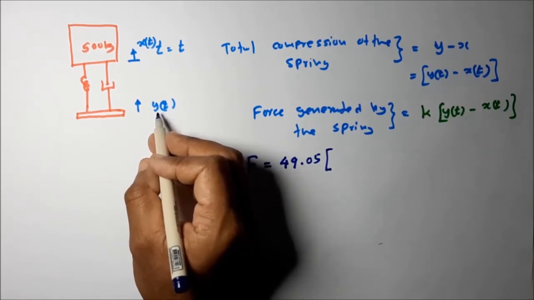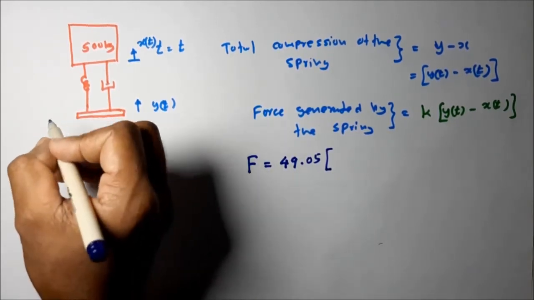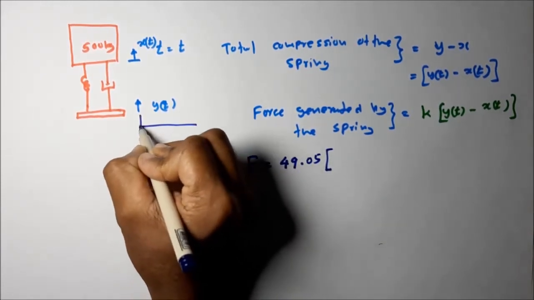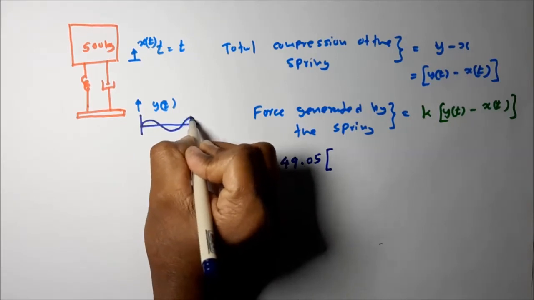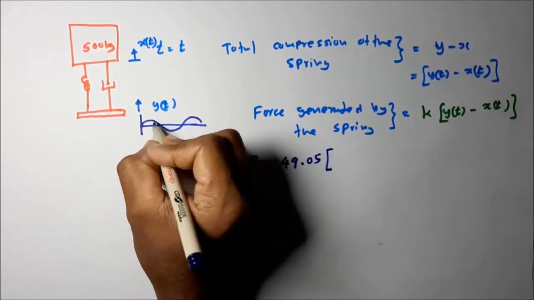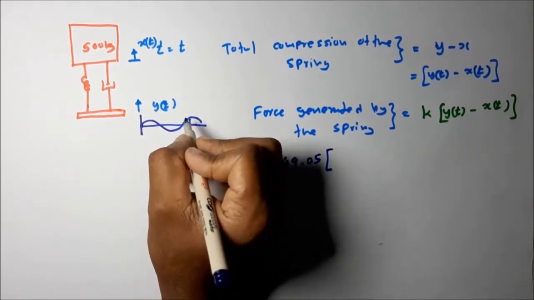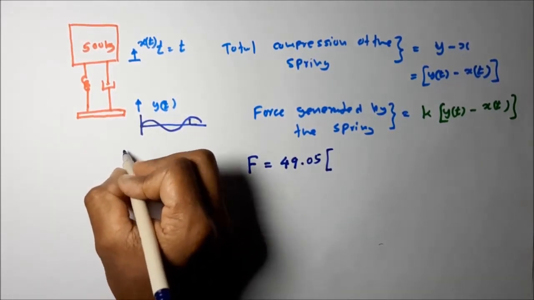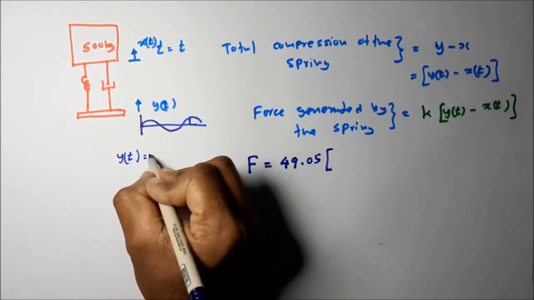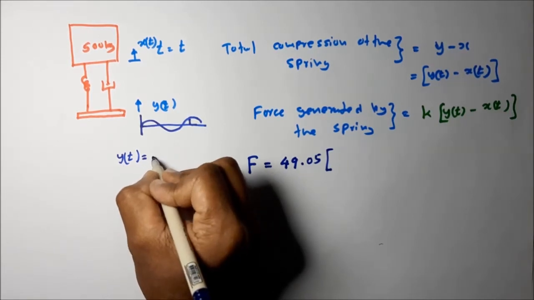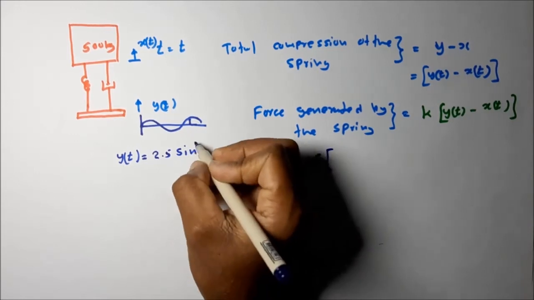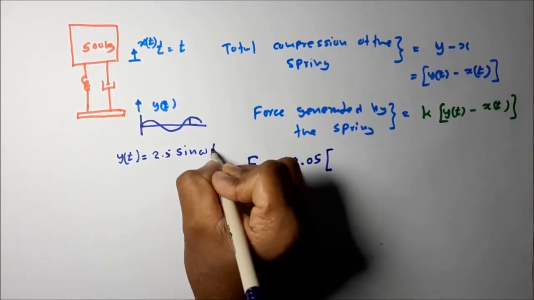What is the displacement of y(t)? The base is exciting, forming the sine curve. So at time t, the displacement y(t) is equal to 2.5 sine omega t.